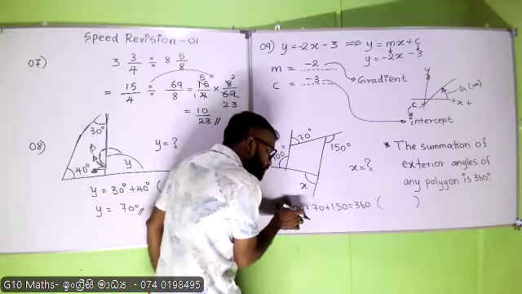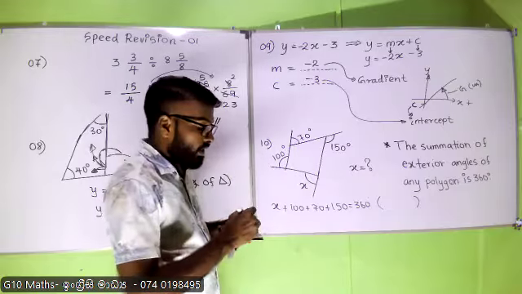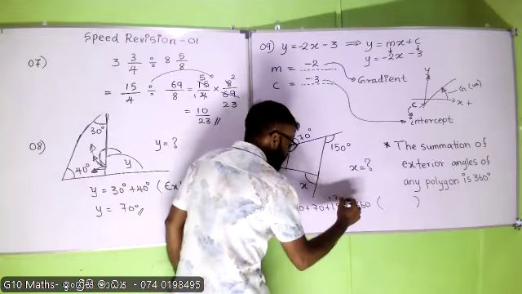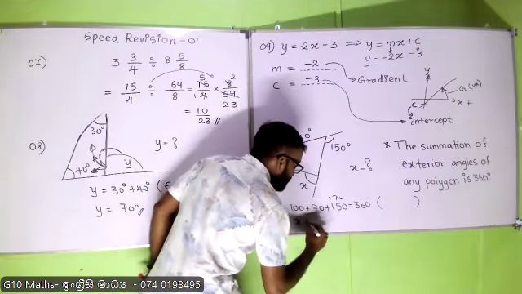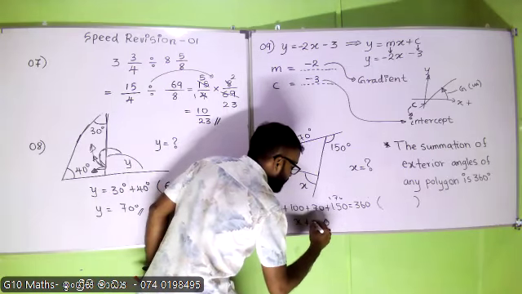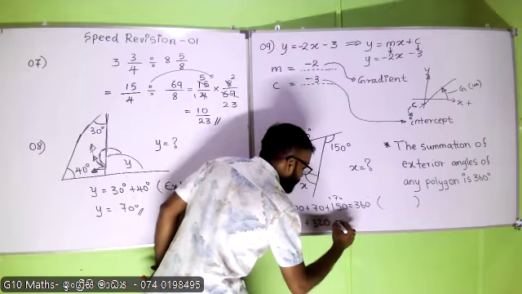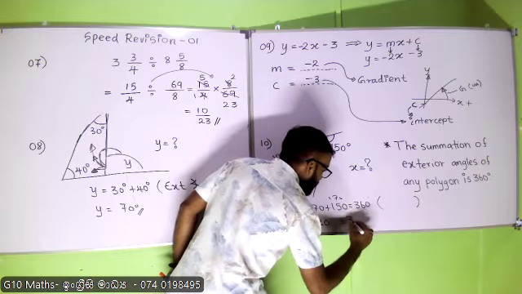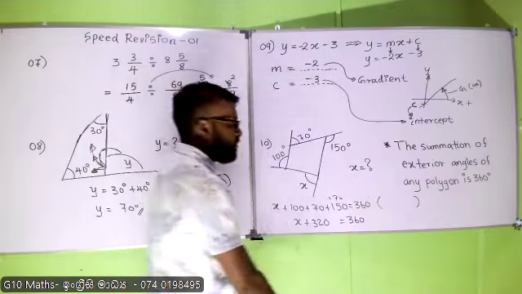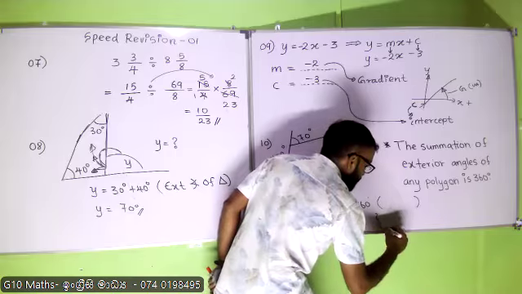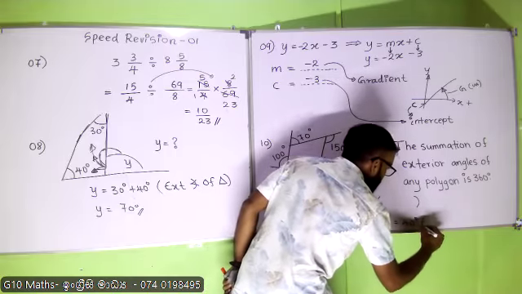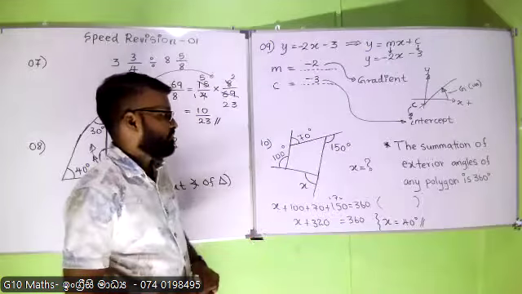So 100 plus 70, 170, 170 plus 150, 320. So x plus 320 equals 360. Take this 320 to the other side, and you would get the answer x equals 40 degrees. Yes, superb, 40 degrees.